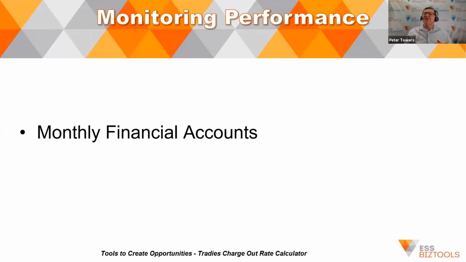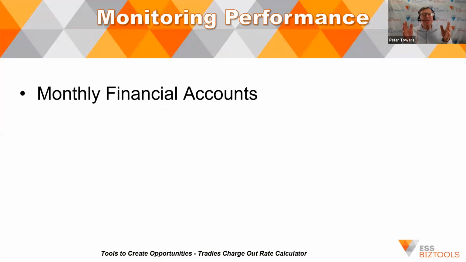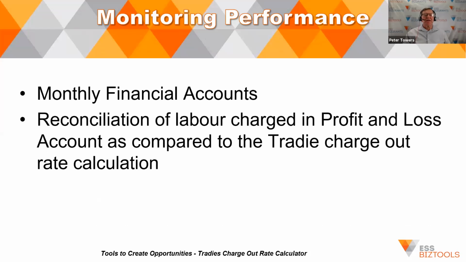The next thing that I think you can then do with your client, you've set the charge out rates. Everyone's happy. I think it's important that you then talk to the client about preparing the monthly financial accounts, because that way you're going to be able to monitor how the figures have worked out. So you can reconcile the labor charged in your profit and loss account as compared to the tradie charge out rate calculations.